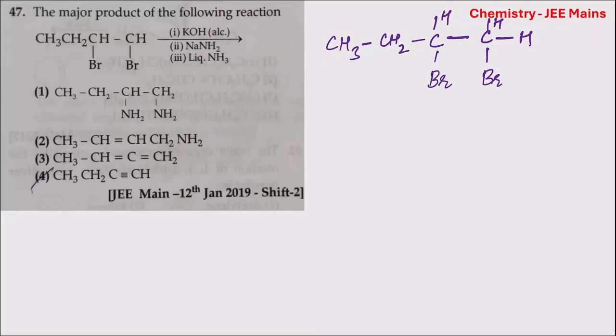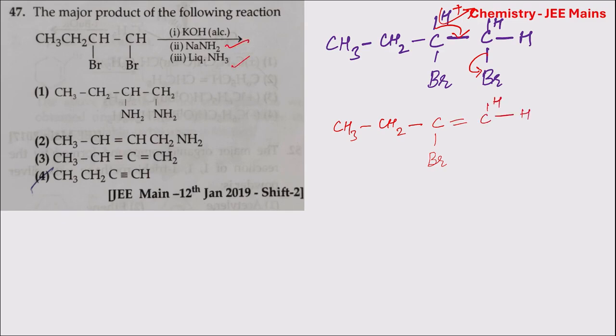The major product of the following reaction is. Now in the presence of alcoholic KOH, elimination will take place. Bromine will leave as bromide ion. Then this hydrogen will leave as H plus ion forming HBr and these sigma electrons will move to form the pi bond. So this is the product formed: CH3, CH2, C, here bromine, double bond, CH2.